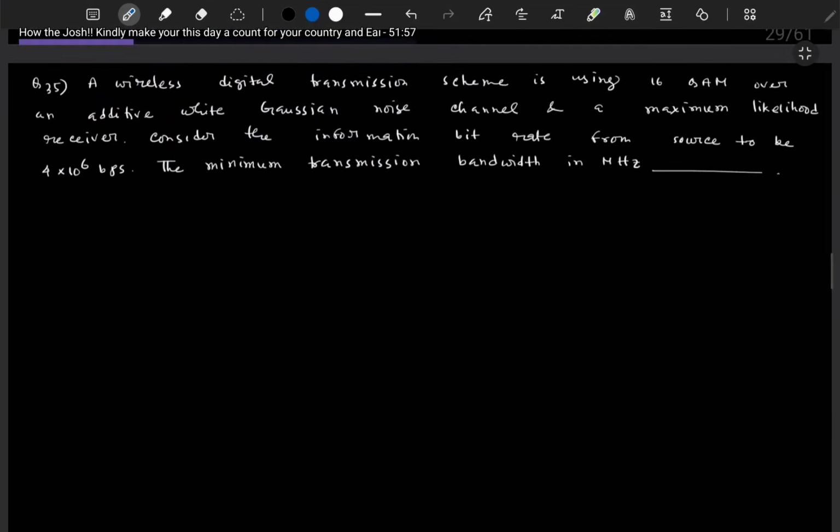Next, 35. A wireless digital transmission scheme is using 16 QAM over an additive white Gaussian noise channel and a maximum likelihood receiver.